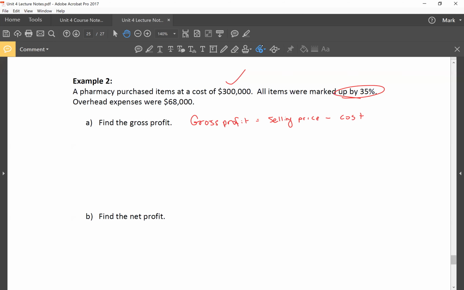So first things first, my markup is going to be my rate of markup, or markup rate, I think it says in your data booklet or your formula sheet, times cost. So it's going to be 35% times 300,000. Okay, so this is going to be my markup. Now, my markup is the same as gross profit.